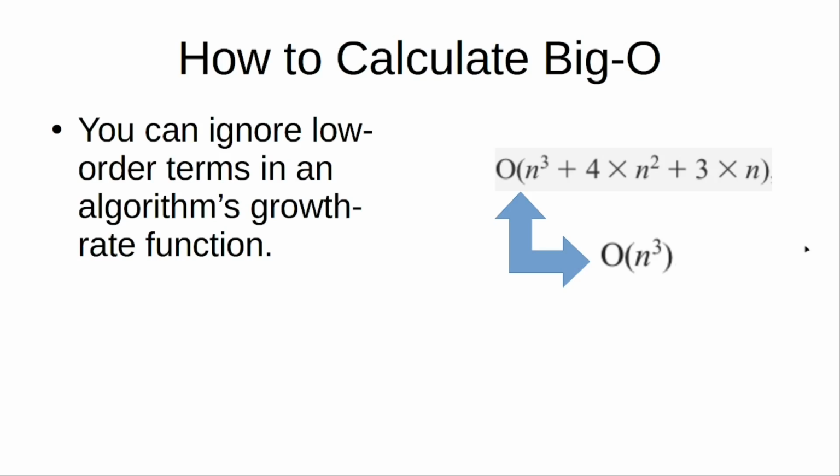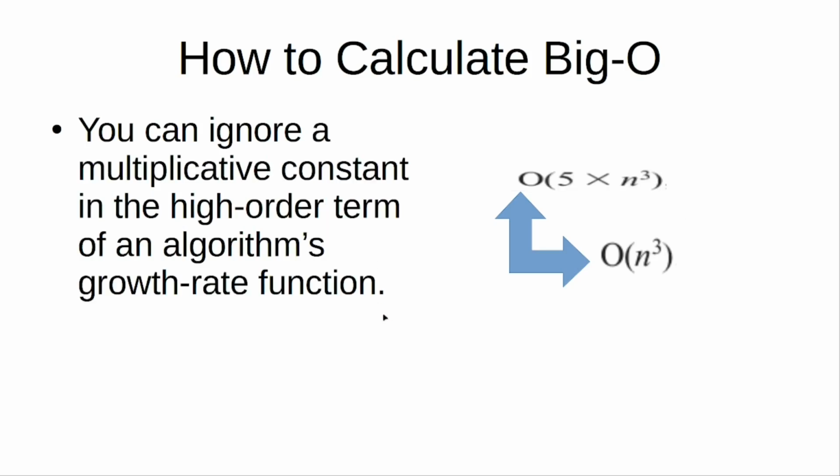We care most about the dominant term, which defines the scaling behavior. So in this example, O of n to the third plus 4 times n squared plus 3 times n, we can drop the smaller terms and keep the largest term, n cubed. If you were going to write this in big O, we would just say big O of n cubed.